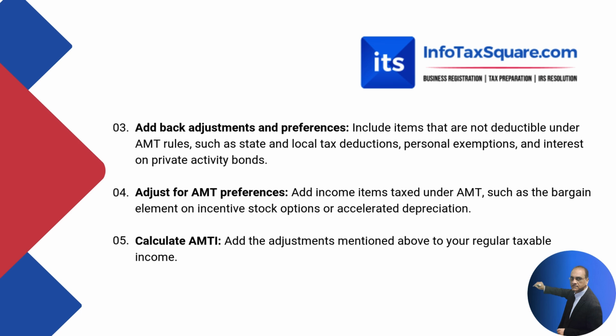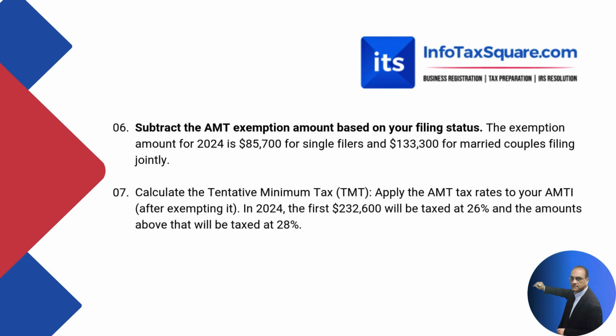Number five, calculate AMTI, alternative minimum taxable income. Add the adjustments mentioned above to your regular taxable income. Number six, subtract the AMT exemption amount based on your filing status. The exemption amount for 2024 is $85,700 for single filers and $133,300 for married couples filing jointly.